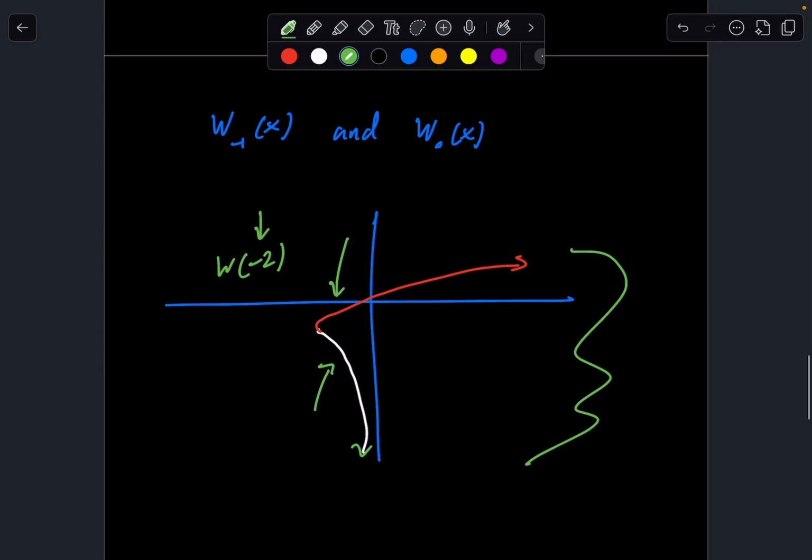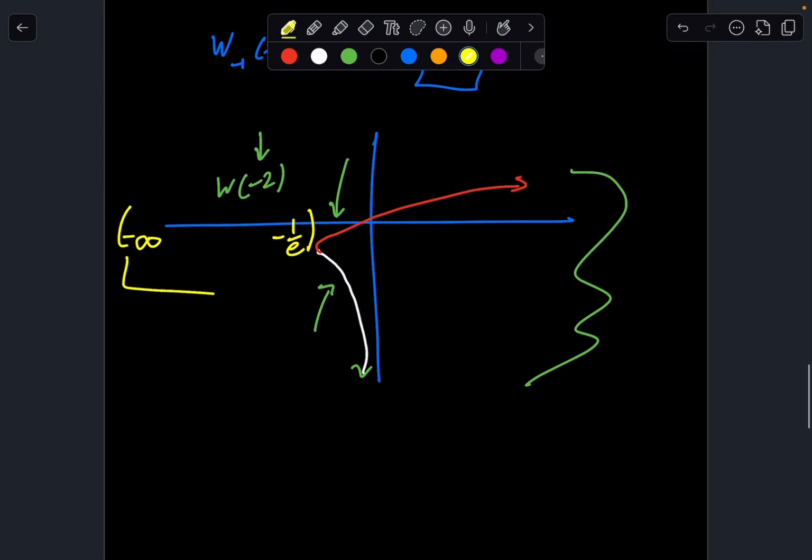Now, when we were defining the principal branch of the Lambert W function, W0, what we actually did is we created a branch cut from the value of -infinity to -1/e, non-inclusive. That means that all of these values were essentially cut from our domain because we were trying to simplify this and make it actually usable.